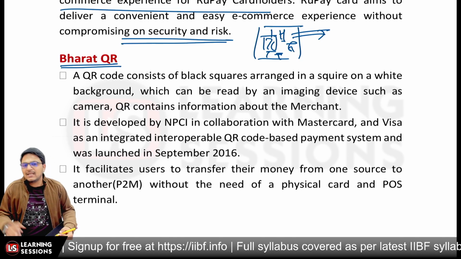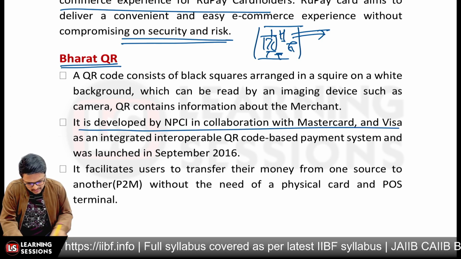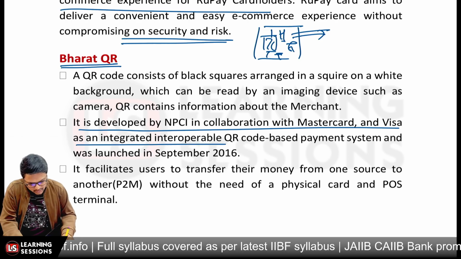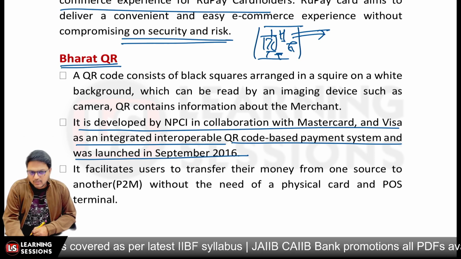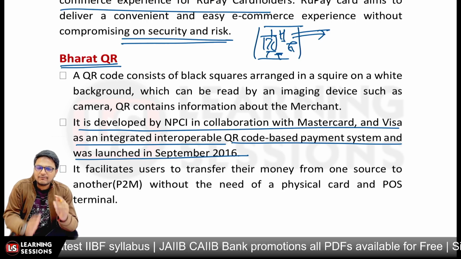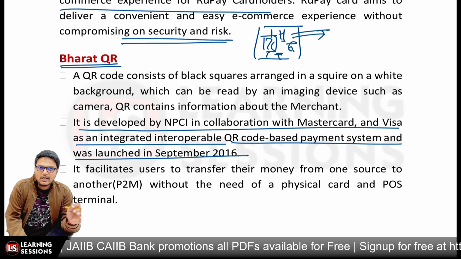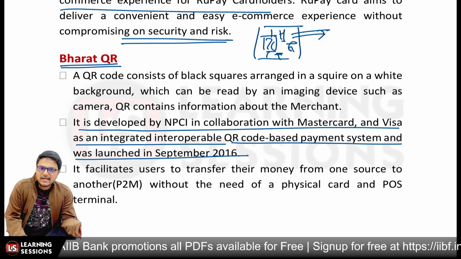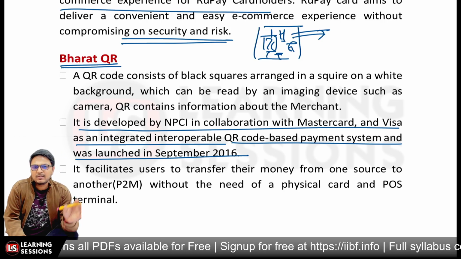It was developed by the NPCI in collaboration with MasterCard and Visa, as an integrated interoperable QR code based payment system that was launched in September 2016. So it was NPCI, Visa, MasterCard, so that we have an integrated interoperable QR code that is not only for the RuPay network, but if we want to make payment for Visa or MasterCard, we can use the same.